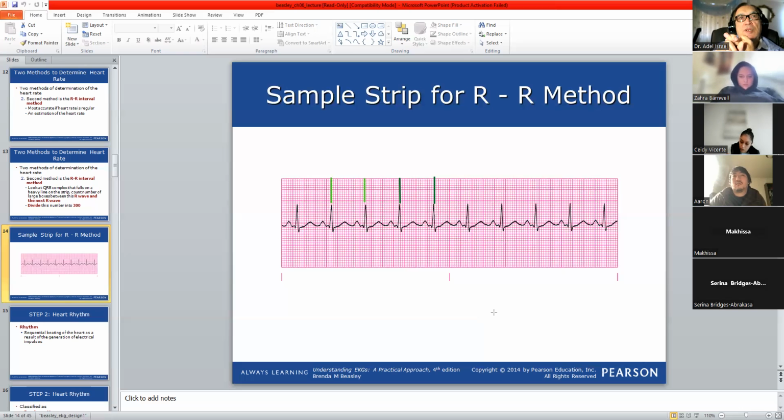The third method is to calculate how many small squares are in the distance between R and R and divide 1500 by this number.